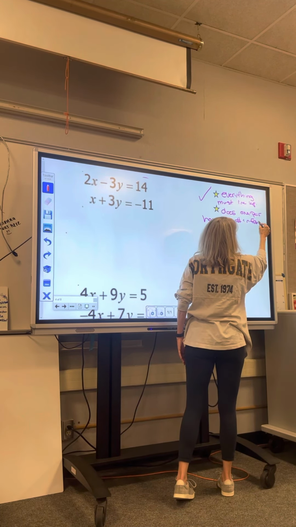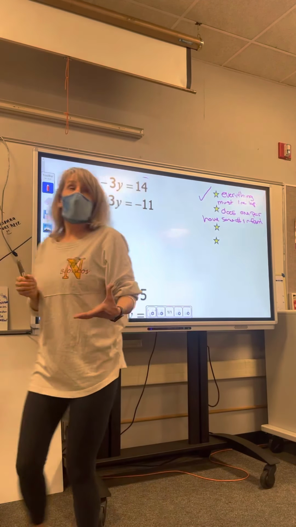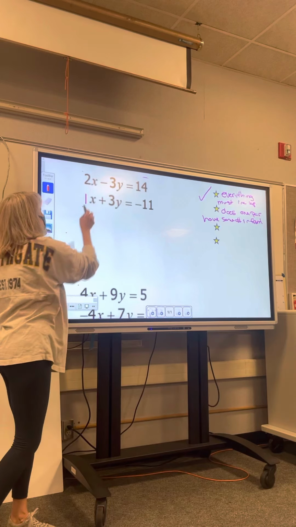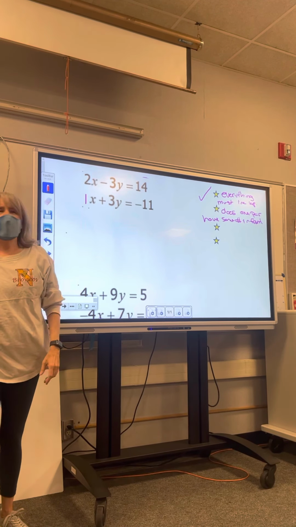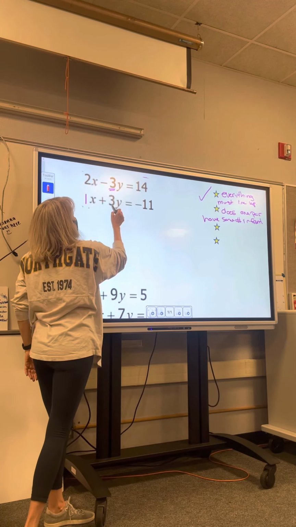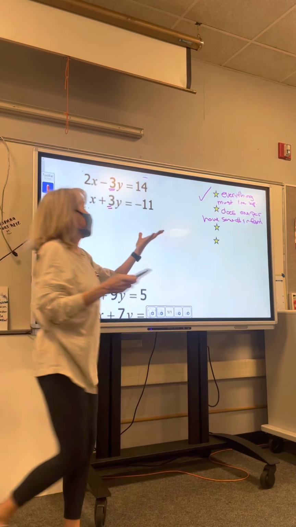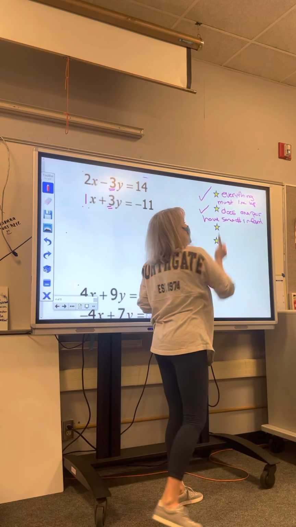I'm looking at this guy. That's a 2 and that's a 1. That is not the same number. But I look at this guy. He's a 3 and he's a 3. That is the same number. That meets my check. Yay.